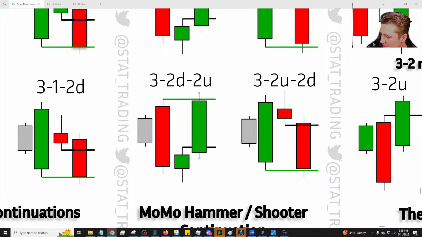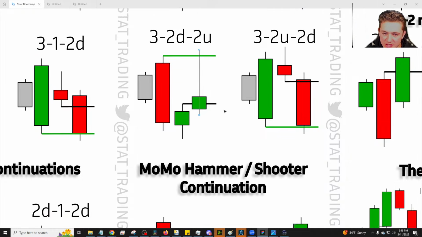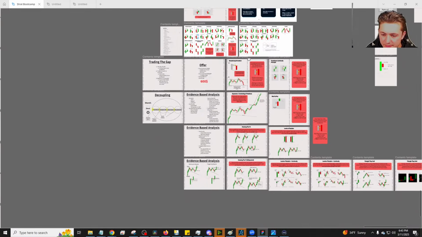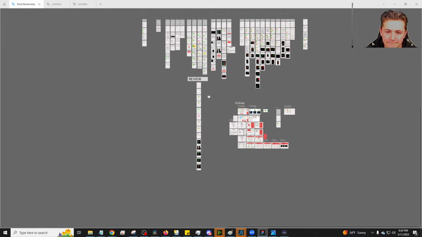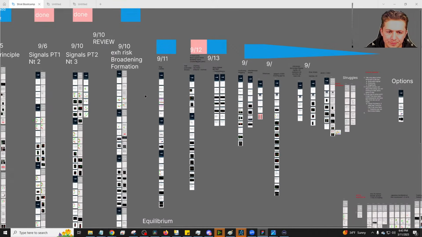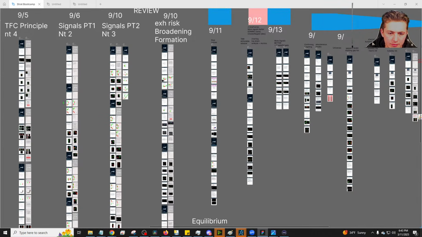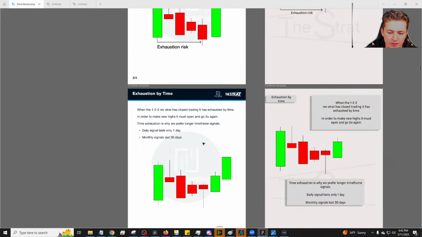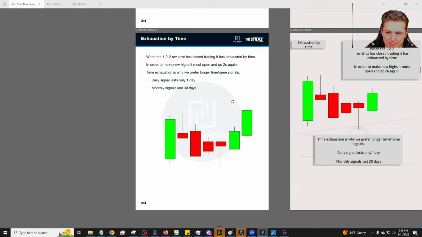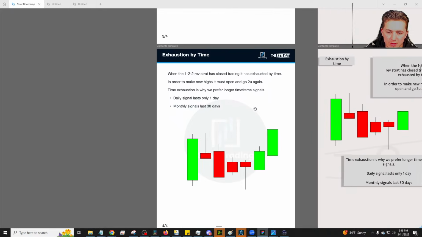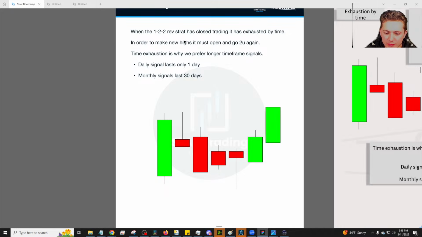Does "in force" just mean it crosses the entry mark? Yes, but it has to be open. For example, and I actually do have some material specifically on this, we call it exhaustion by time. You're going to see we have a 2 down, 2 up reversal.